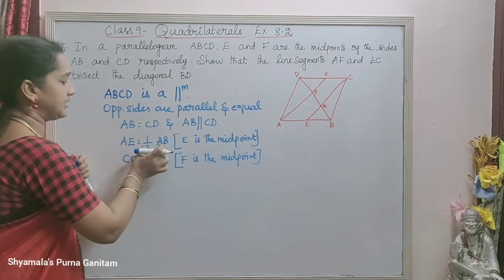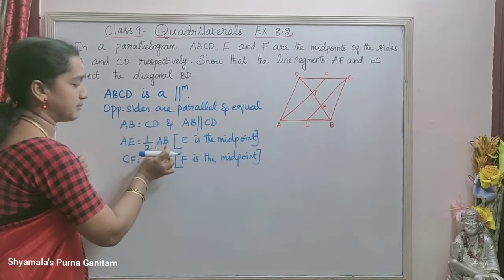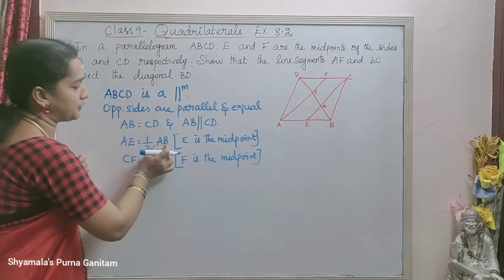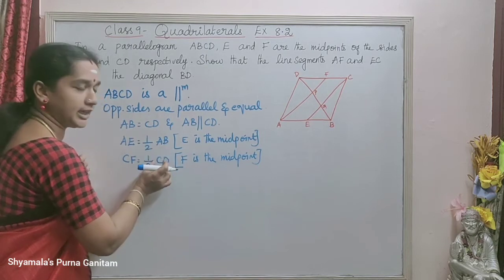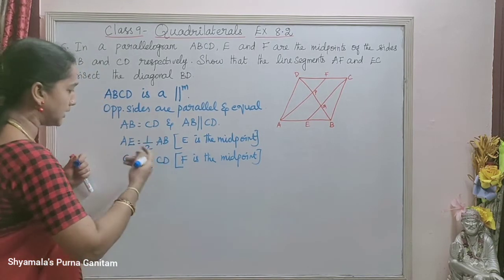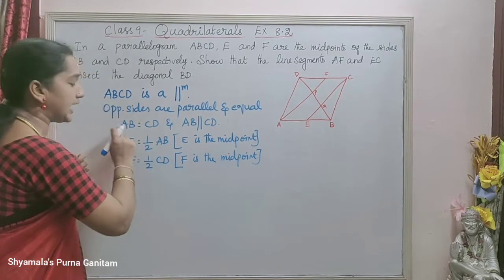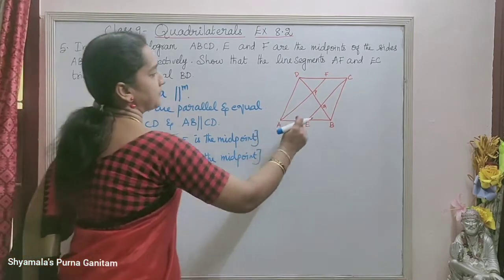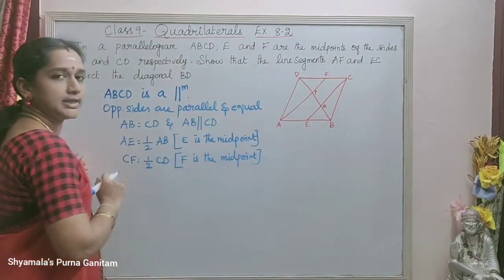Since AB and CD are equal, we can write that AE is equal to CF.